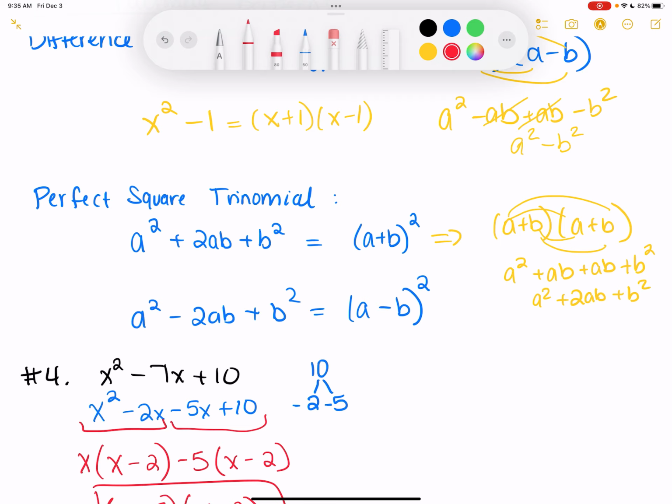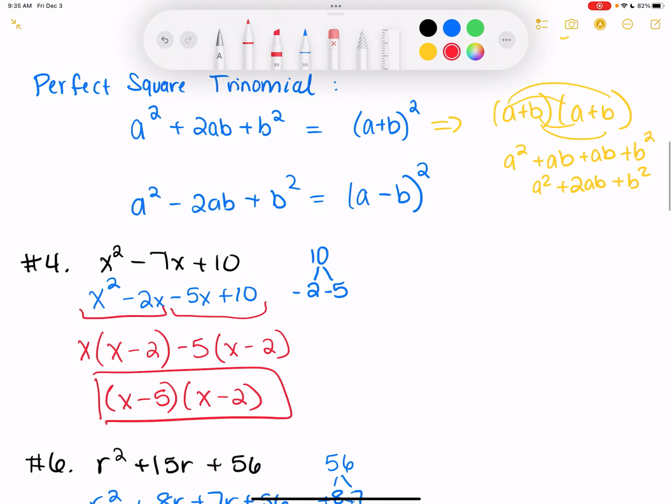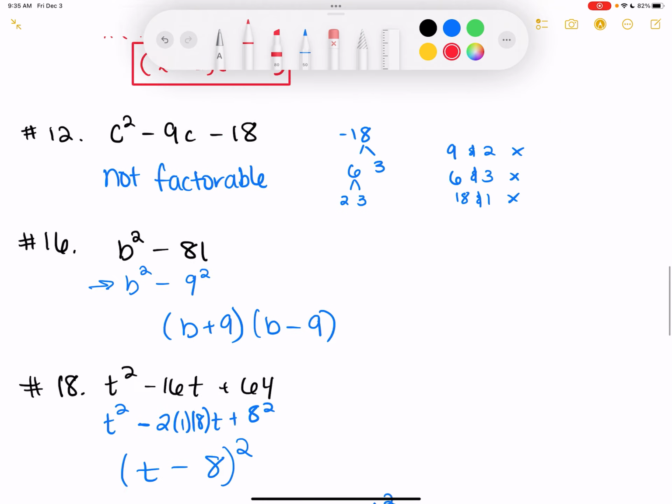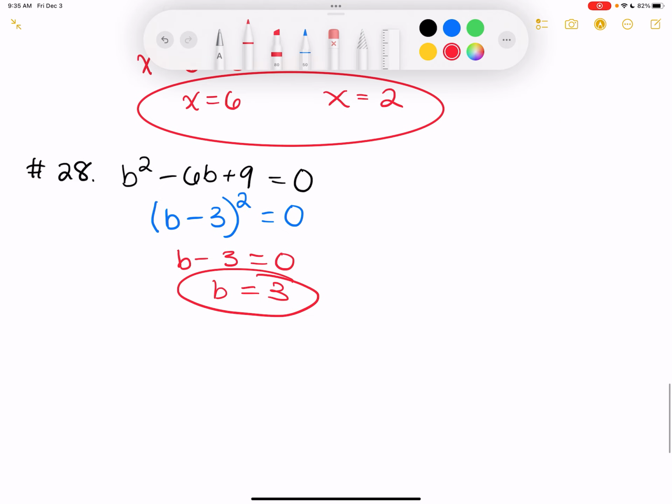And then 9 is 3 squared, so then we write it as a minus b squared. So that just fits that formula for a perfect square trinomial, that the middle term is 2 times a times b, with a and b being the numbers that are in there.